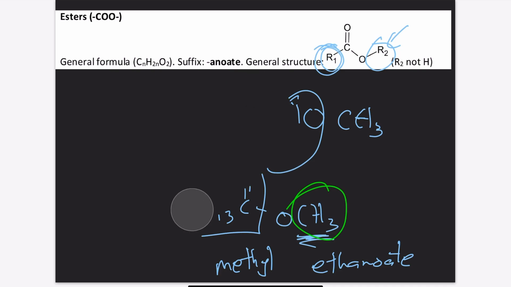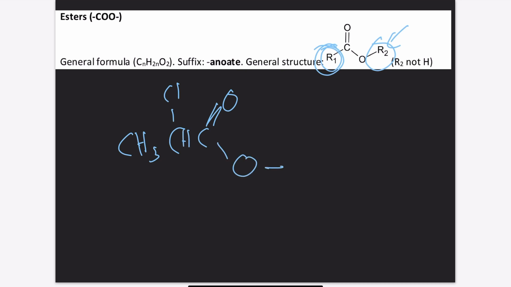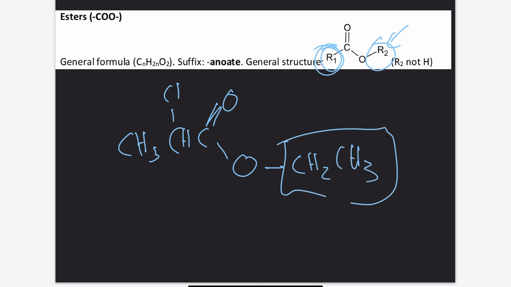Let's try something a little bit more edgy. We can have something with a Cl, for example, and an H, and then O, and then we can have CH2, CH3. So this here is from our alcohol, and originally that's ethyl.